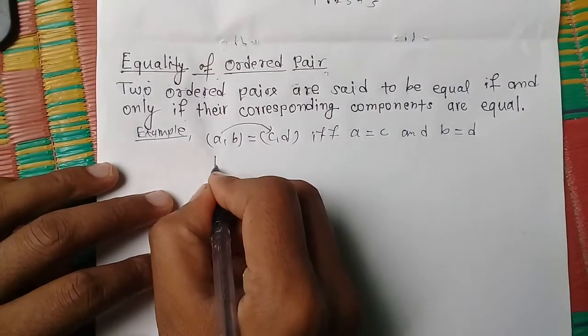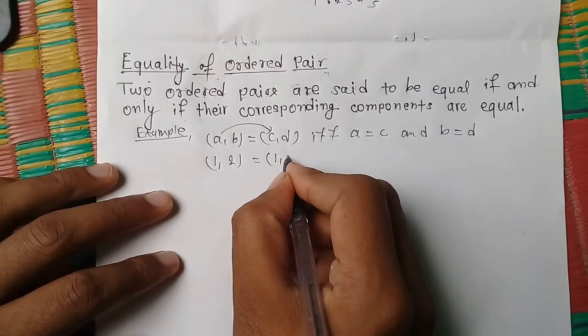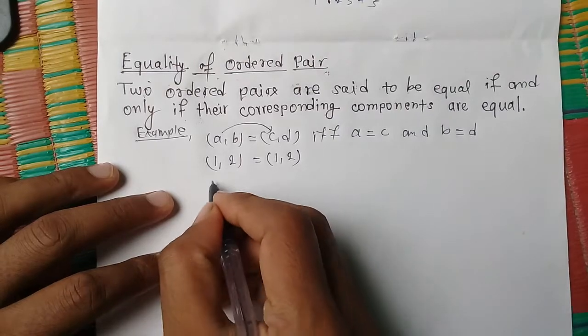So for example, if we take 1 and 2, here it must be 1 and 2 also.